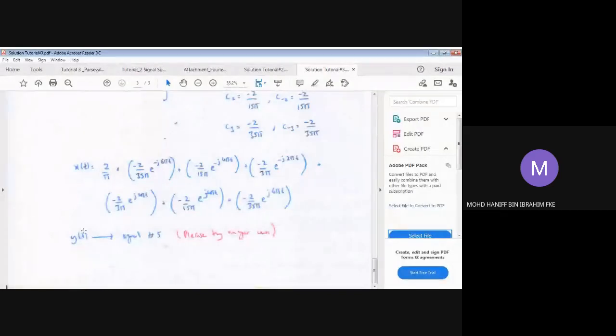If you look at these particular equations clearly, you can see that all of these will have a phase of negative pi, or positive pi, because positive and negative pi have the same value.